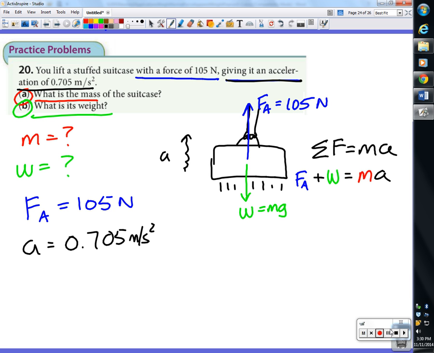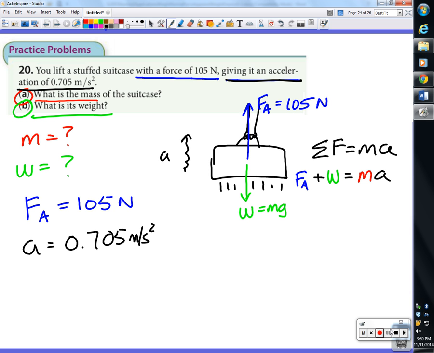Now, you may say, well, wait a second. Why aren't we subtracting? Let's just relax. Remember that sigma is a summation function. It means add. So set up the equation as addition. Yes, we know that W should be going in the downward direction, but when we solve it, that should really make us come out the way we need to.